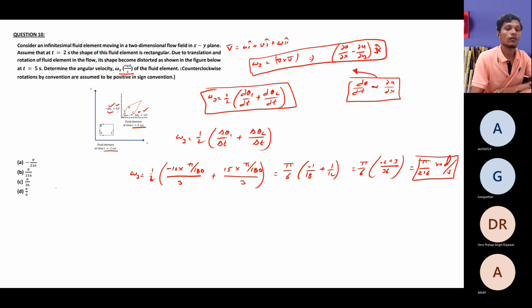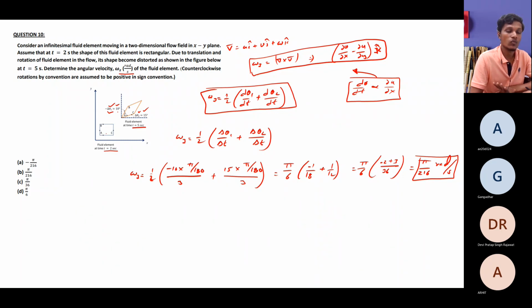Okay, I will tell you that. Suppose I use one more new slide. Let me use the same diagram. Are you able to see this diagram? So now see, if you are considering any fluid element in a flow field, consider it in a two-dimensional way for simple understanding.